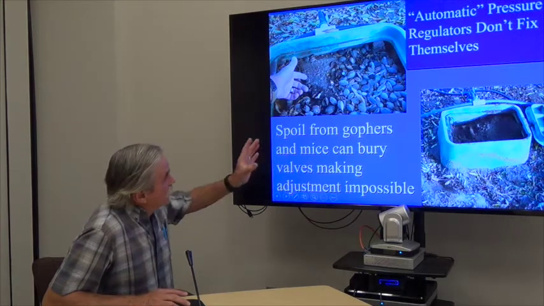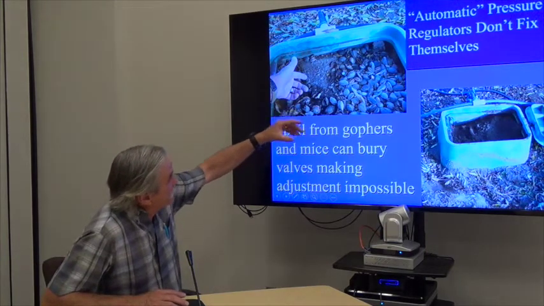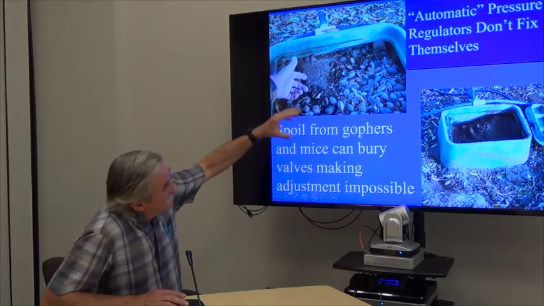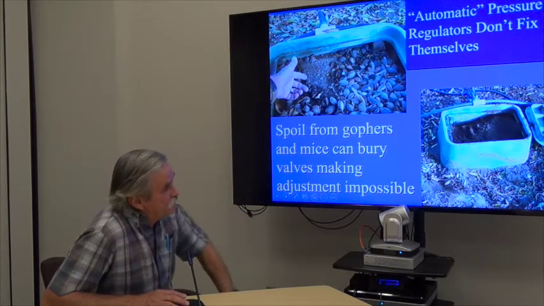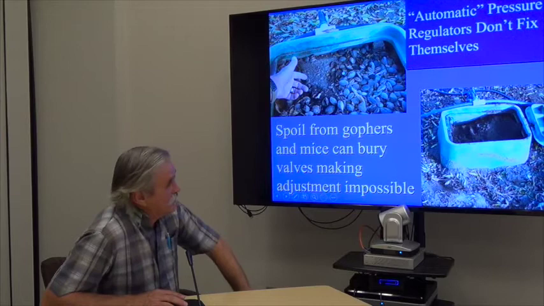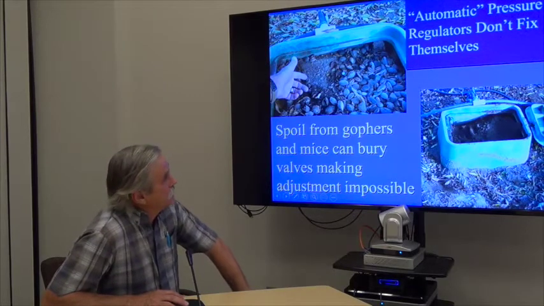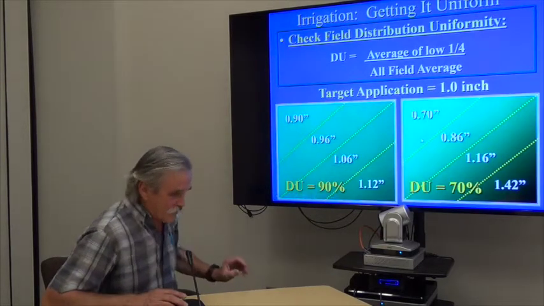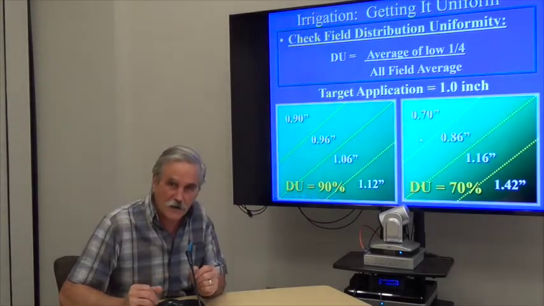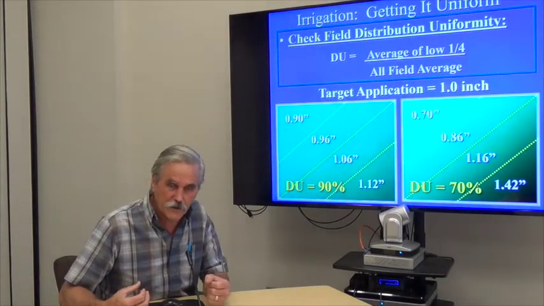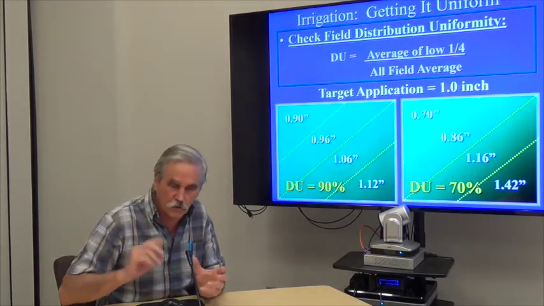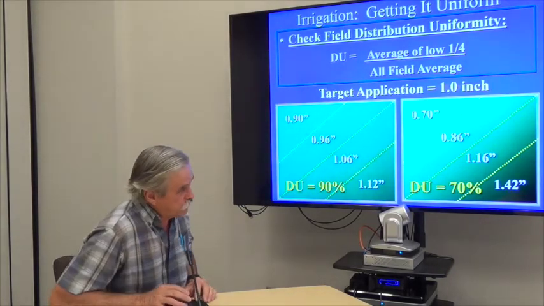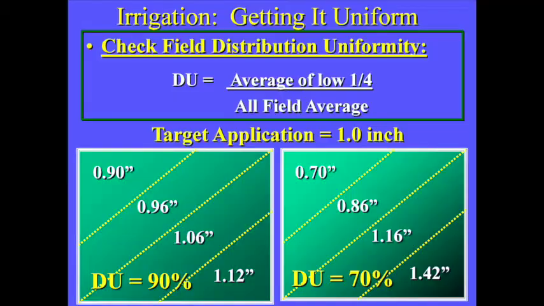Here is gophers that have filled in a pressure regulator box, and the top was left open and filled up with nuts during harvest. When this thing was last checked, who knows? And if you don't keep an eye on checking those regulators and ensuring that you do some kind of chlorine maintenance hose flushing, then here's what you let yourself in for, okay?